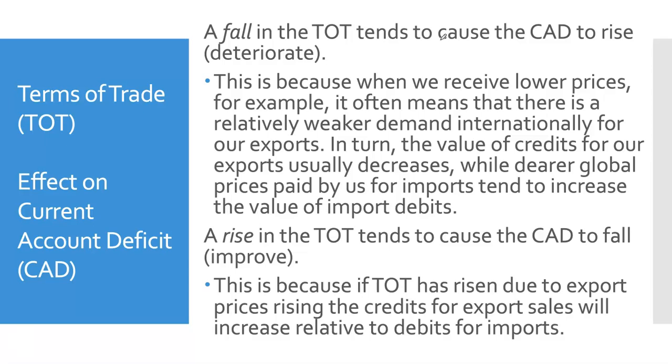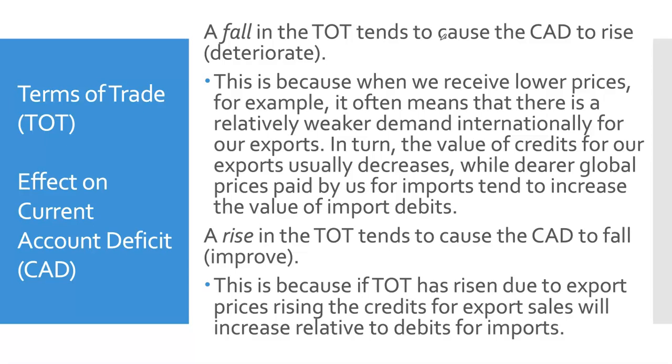A fall in terms of trade tends to cause us to have a higher current account deficit, a deterioration in many views. This is because when we receive lower prices, for example, from our exports compared to imports, this means that there is a relatively weaker demand internationally for our exports in terms of value of our credits, so our exports decrease, meaning we're going to have less value from our exports than imports, leading to a current account deficit, for example.